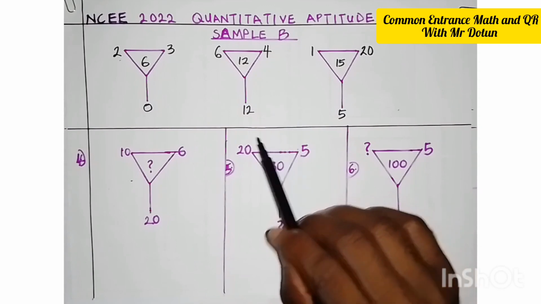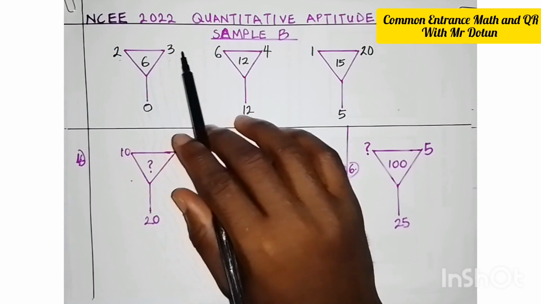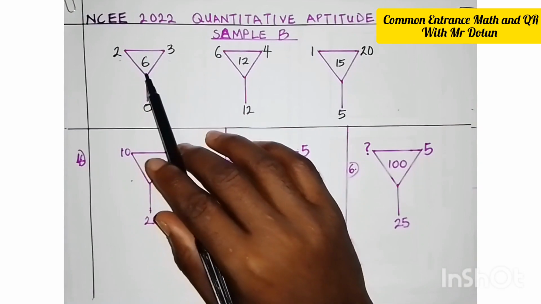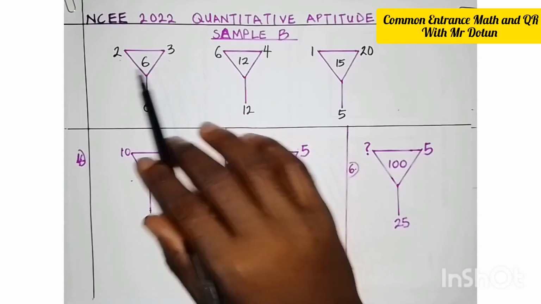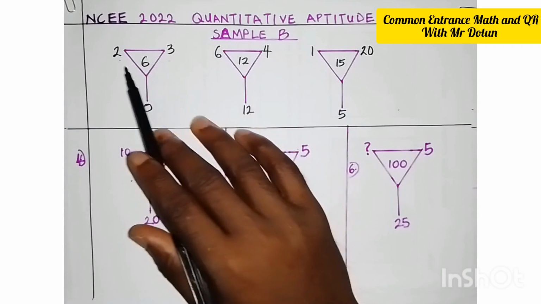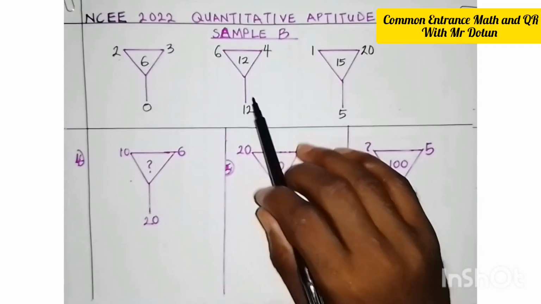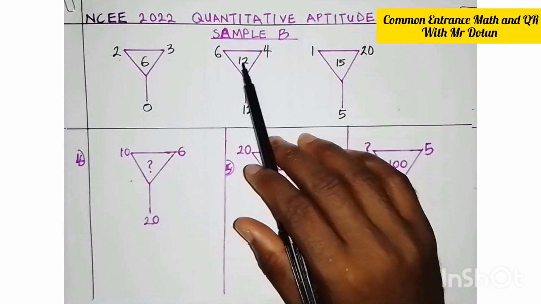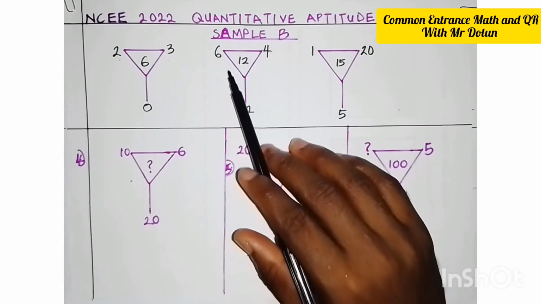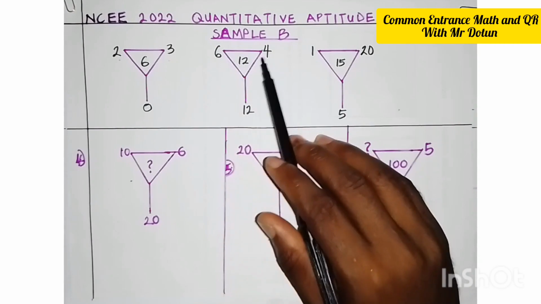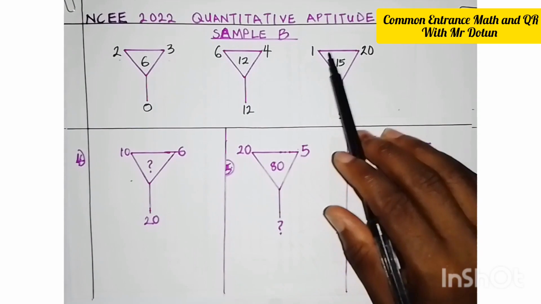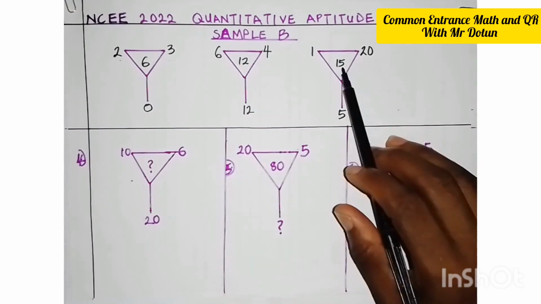A very tricky one here. I've seen 2 and 3, 6. So I could just assume that, okay, I've got it, 2 times 3 is 6. But by the time you confirm with the other sample, you discover that it's not, because 6 times 4 is not 12, neither is 1 times 20, 15.